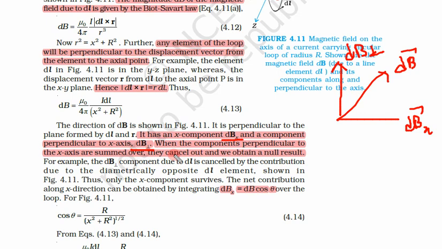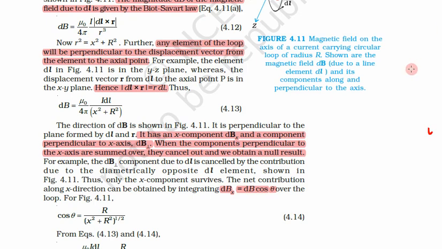So we have two components. When the components perpendicular to the x-axis are summed over, they cancel out and we obtain a null result. What is the meaning of this line? So they are trying to say that if we sum over all of these perpendicular components, they will cancel each other. So let us see how.